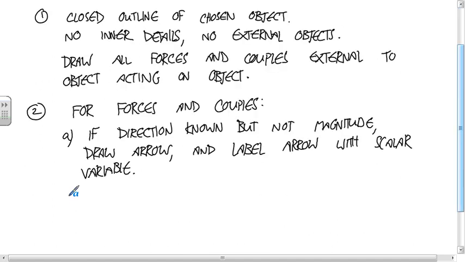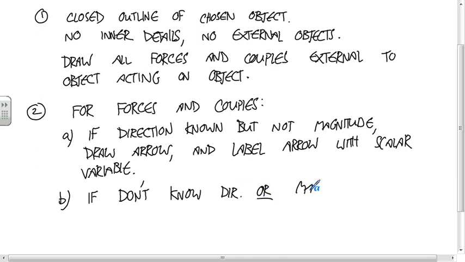On the other hand, if you don't know the direction or the magnitude, draw a little coordinate system and label that little coordinate system with a vector variable.